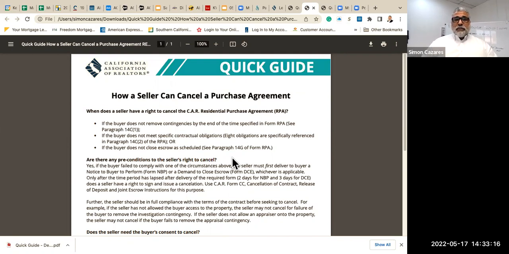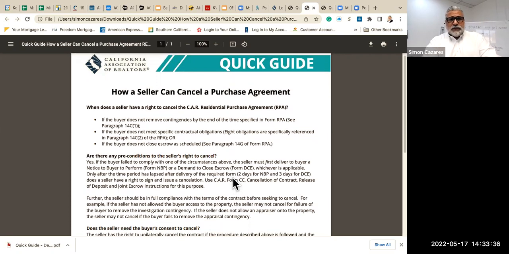All of those are very important in your position, because this is how seasoned, experienced, knowledgeable real estate professionals get through the process. And this is all about negotiations. Now, let's go into the meat and potatoes: how a seller can cancel a purchase agreement.